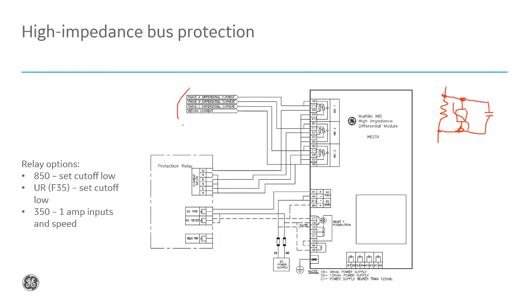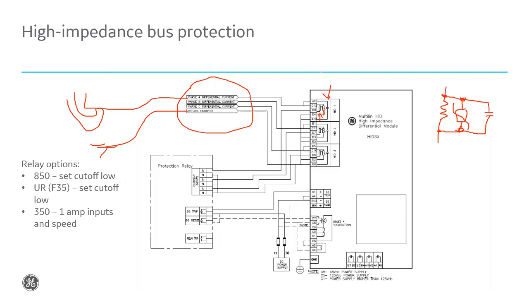So the way this thing works is this is the vector sum of the current. This is all those CTs brought together, and they're wired in here. And then here's the return for all those CTs wired together. And so here's my 2,000 ohm resistor. That's shown by this thing, my MOV, and my output contacts.